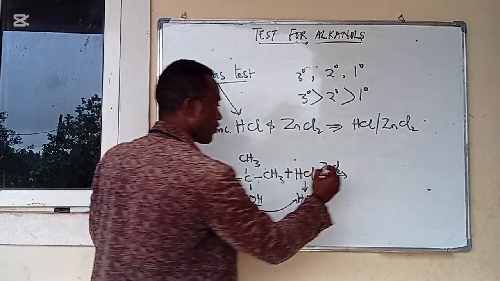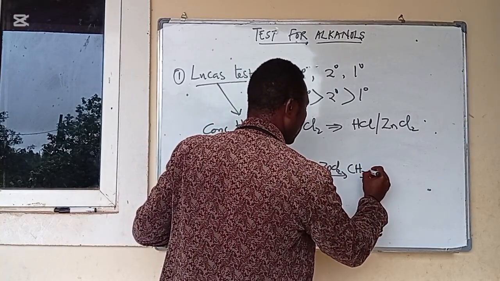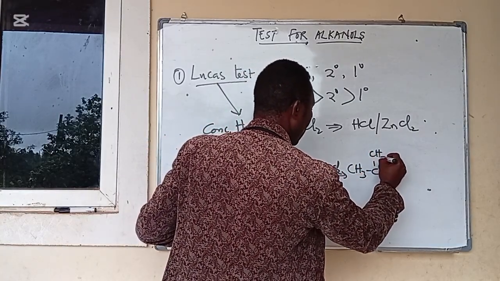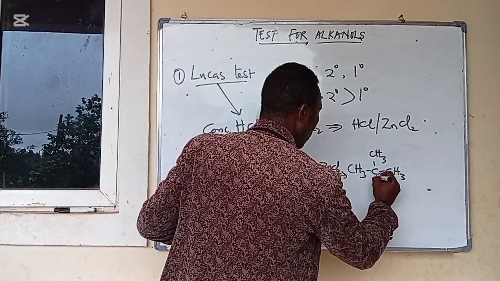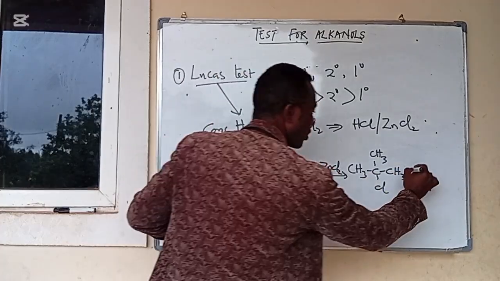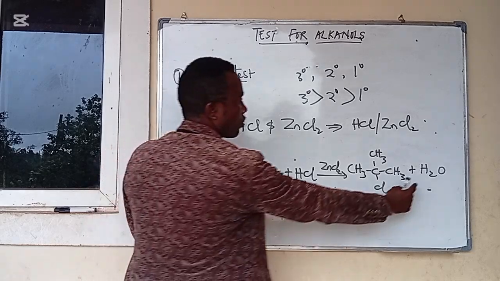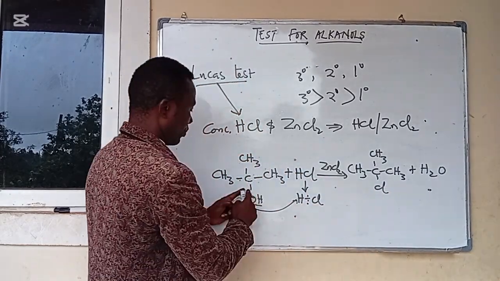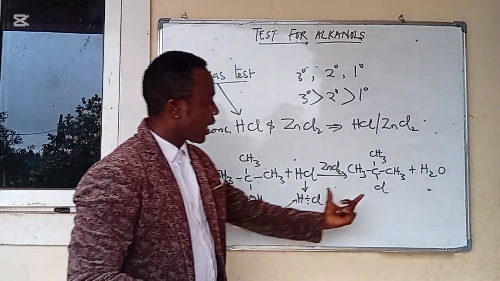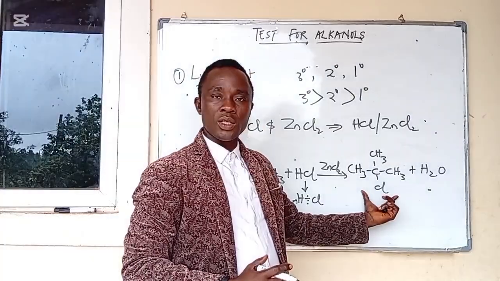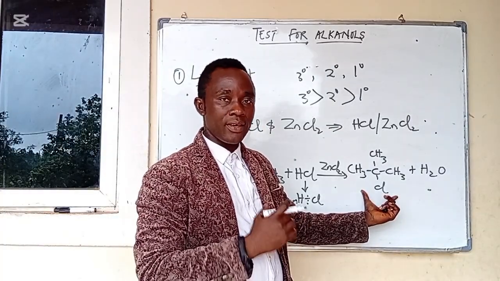So the compound we'll have is (CH3)3C-Cl plus H2O, because the hydroxyl and the hydrogen give you water, while chlorine replaces the OH. Now, this is a haloalkane or alkyl halide.